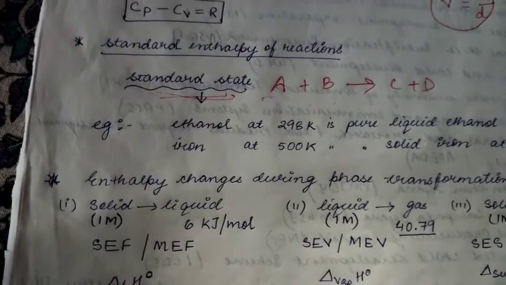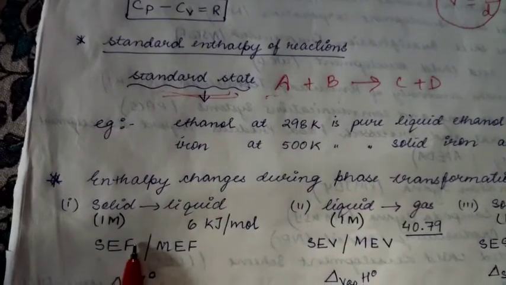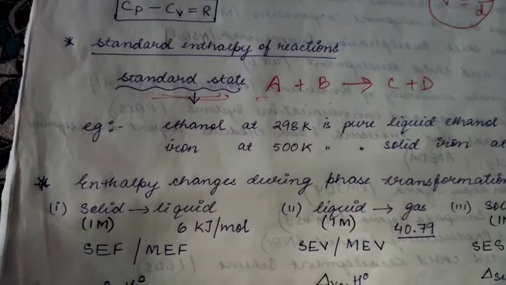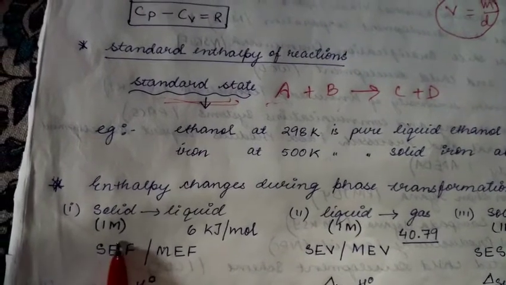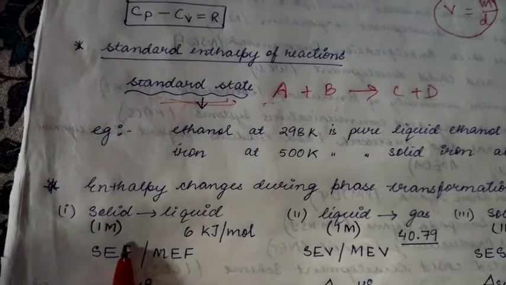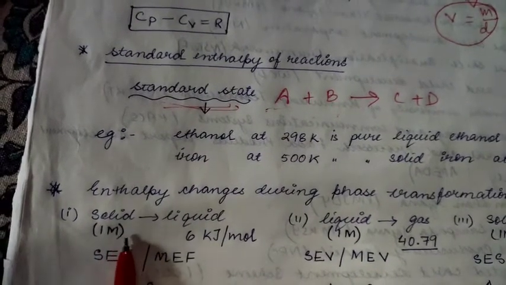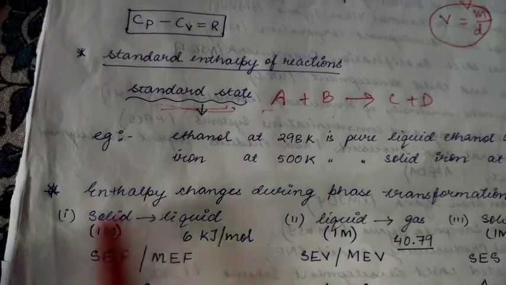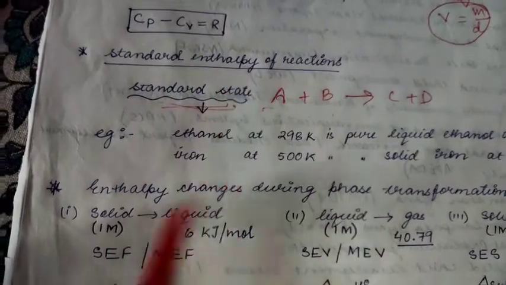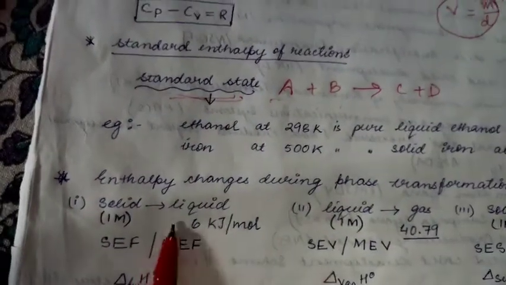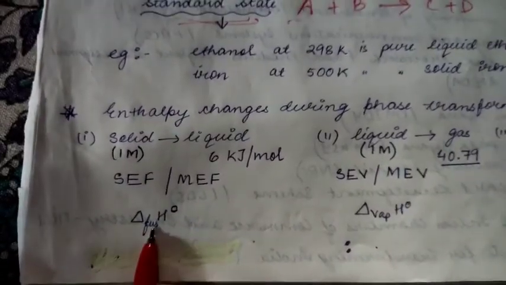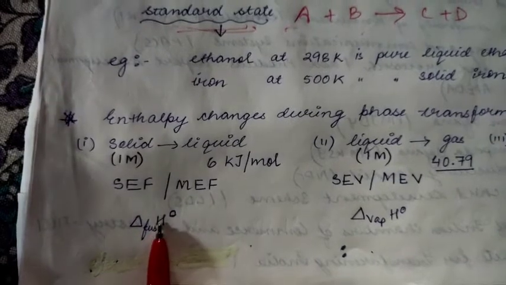Now the enthalpy change that accompanies melting of 1 mole of a solid substance in standard state is called the standard enthalpy of fusion. We are talking about standard enthalpy, so the name will be standard enthalpy of fusion, which is designated as delta FUS H naught.